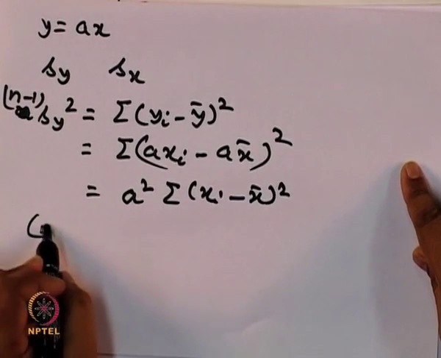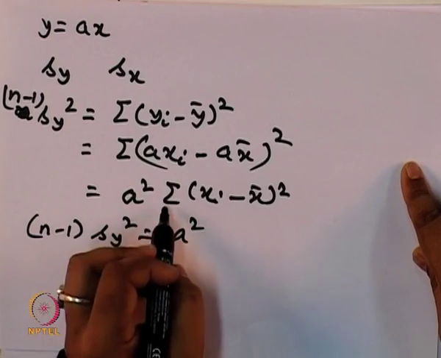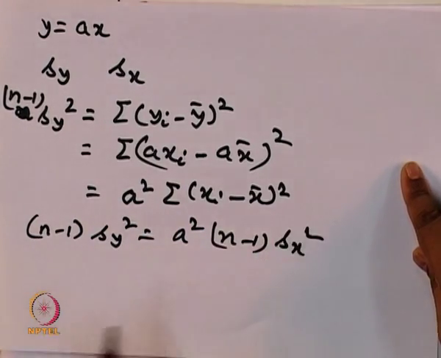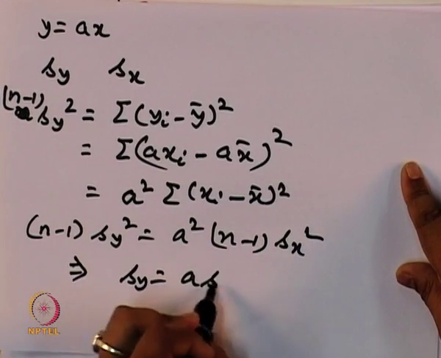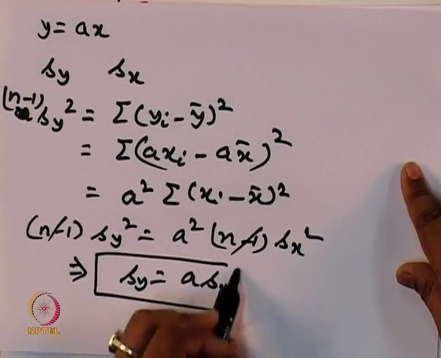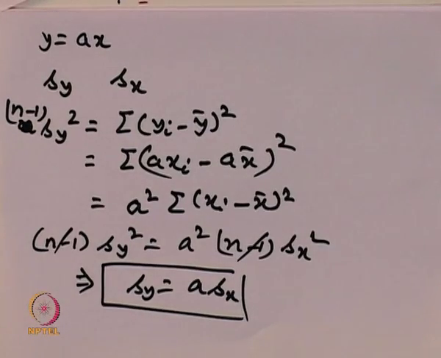So I can write n minus 1 into sy square is equal to a square into this term, n minus 1 into sx square. So this would give me that sy is equal to a into sx. I can cancel these terms out, and this is the final formula which remains. Okay. So sy is nothing but a into sx.